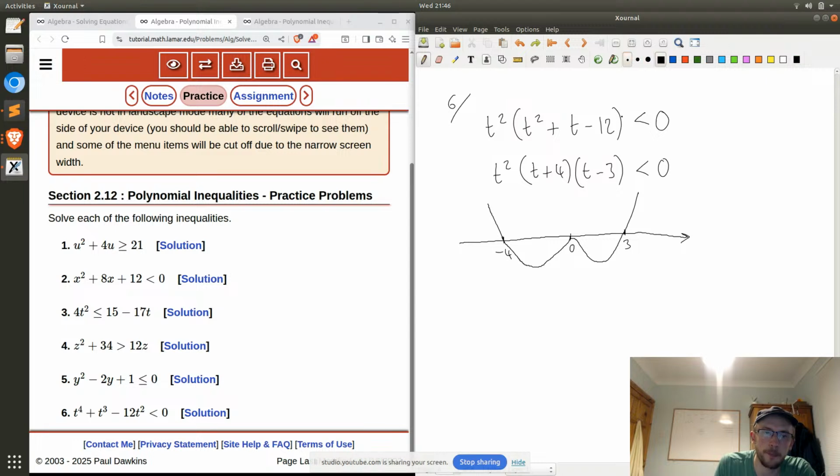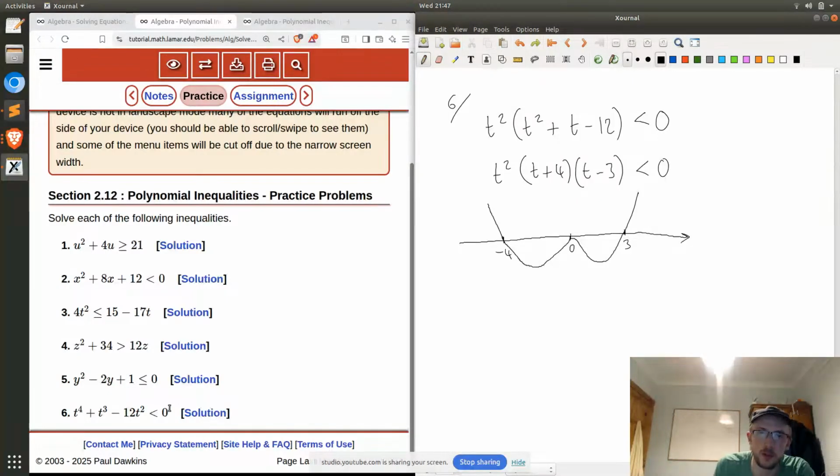So if I stick in an extremely huge positive number into this, t to the 4 just crushes t cubed and negative 12 t squared, and they don't matter anymore. And then I've got a massive positive number less than 0.